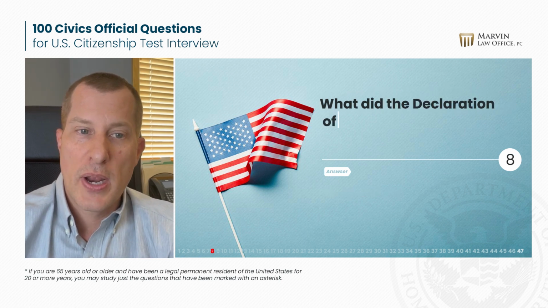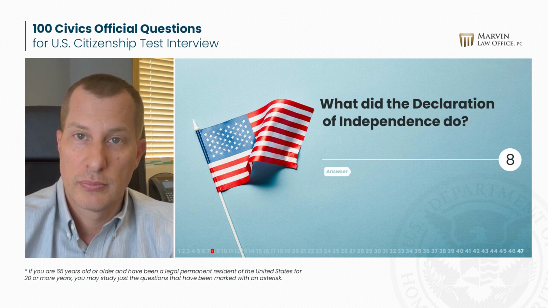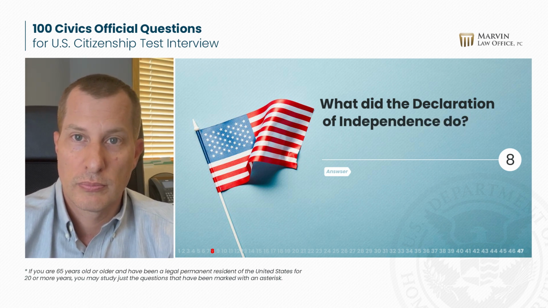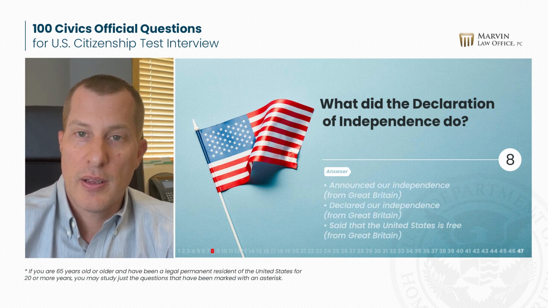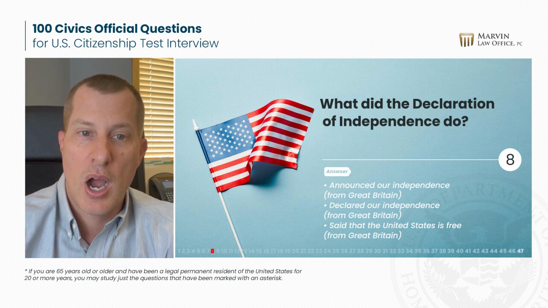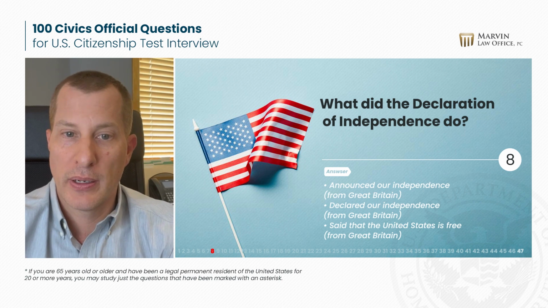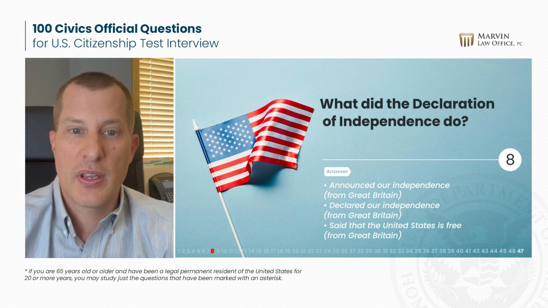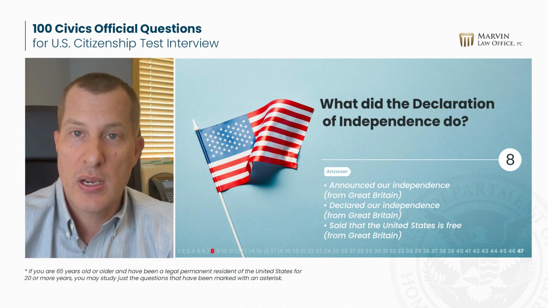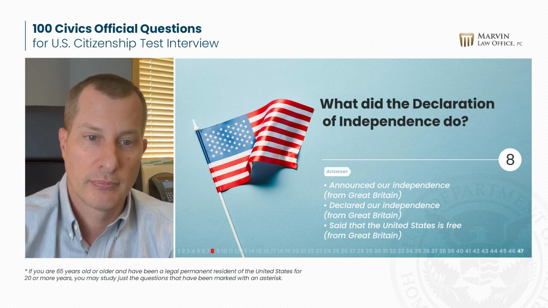What did the Declaration of Independence do? It proclaimed or announced our independence. It declared our independence from Great Britain. It said that the United States is free from Great Britain.